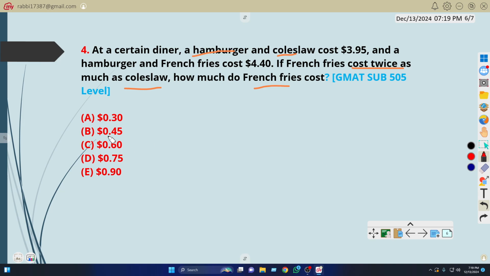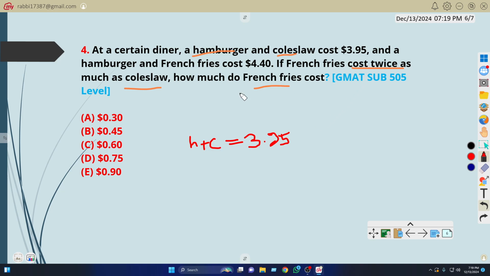Let's start. From the first condition, at a certain dinner a hamburger and coleslaw: the hamburger is H and the coleslaw is C, and the total price is 3.95.